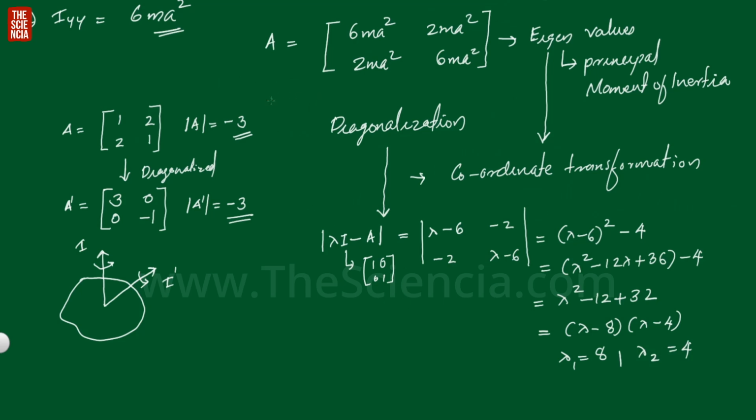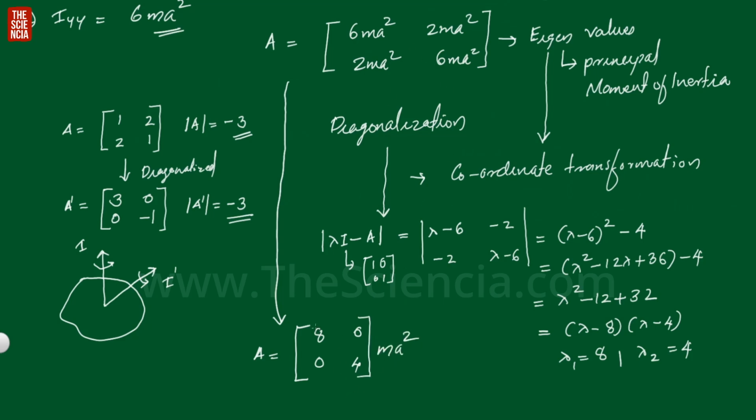So the diagonal matrix, or eigenvalue matrix, will be this one: A equal to 8, 0, 0, 4, times ma square.